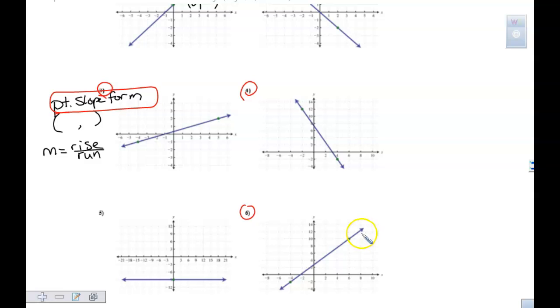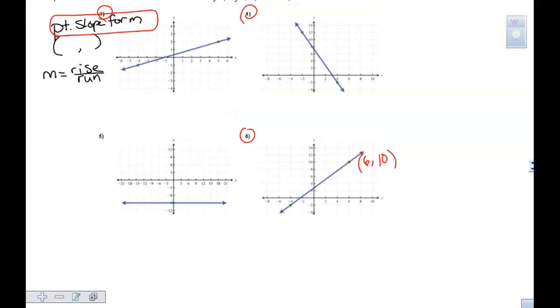Anyone's thoughts? Our first point over here looks to be where? 6, 10, right? Our other point, if I'm taking a look at that one, Claire, is -4, -2.